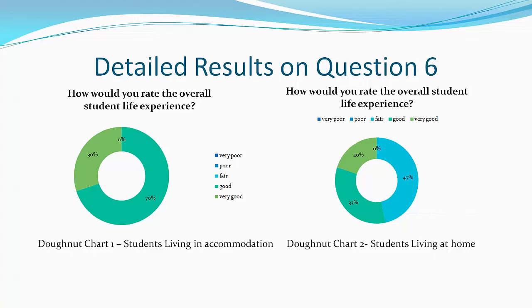Students living in accommodation, chart 1, answered that their overall student life experience is good 70% and very good 30%. As for the students living at home, chart 2, only 47% answered that they live good, they live fair, so not good, 30% in the middle, 30% good, and only 20% very good.